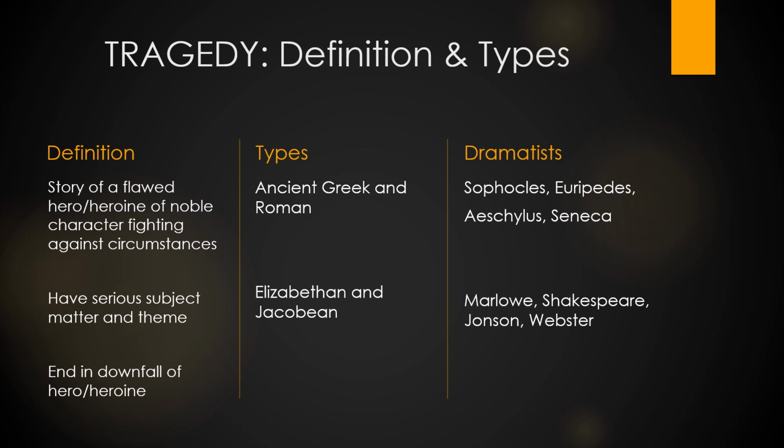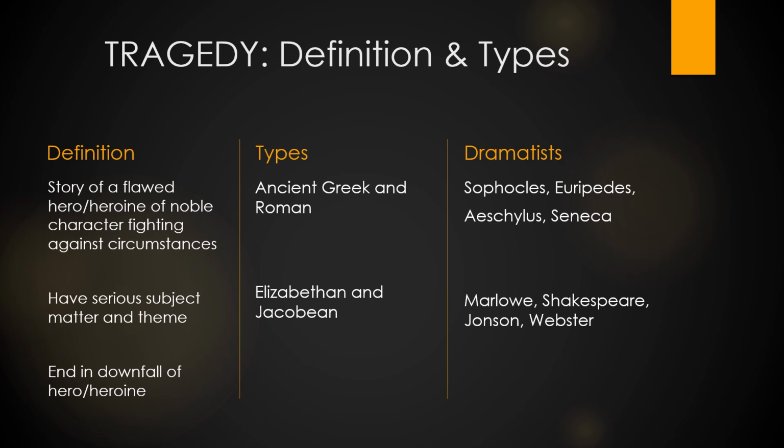The types, let me remind you, are ancient Greek and Roman tragedy and Elizabethan and Jacobean. I'm just doing these two types because otherwise they may be too much information for this level of study. And the dramatists, this is something extra.